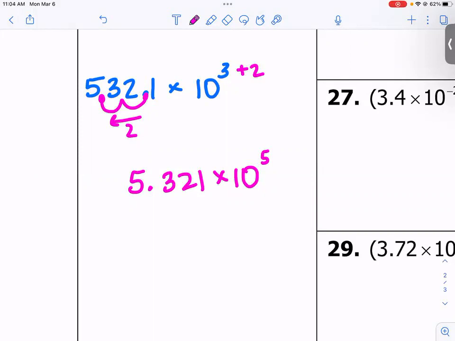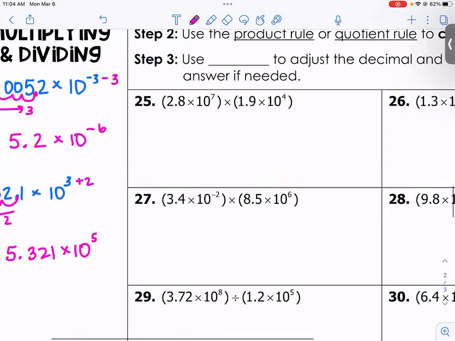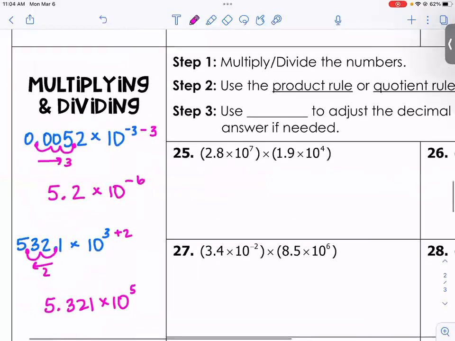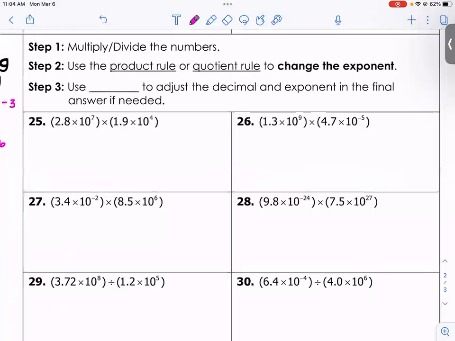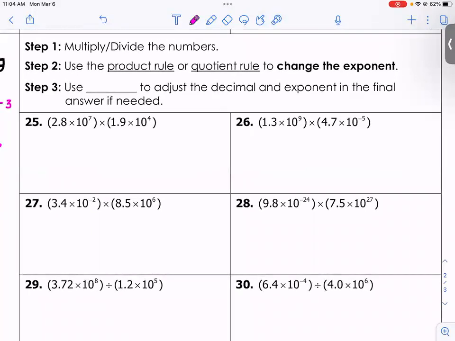It is possible that there's going to be some problems where we get to an answer and they don't look correctly in scientific notation, and we're going to have to fix them. So this is what's going to happen when we multiply and divide numbers that are already in scientific notation. You have 3 steps, 2 for sure, maybe a 3rd. The first step is you're going to actually multiply and divide the numbers, like the numbers that are before the times 10 to the whatever power.